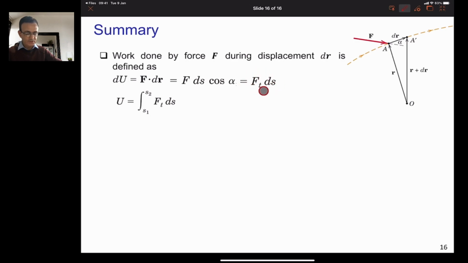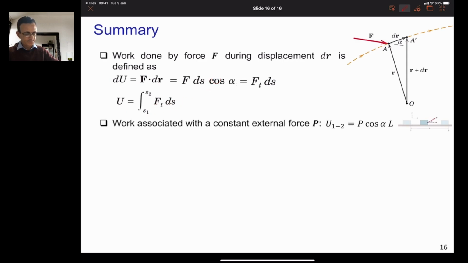So the tangential force is the force in the direction of the displacement. If you want to calculate the work from S1 to S2, you just need to integrate this equation, and to solve it you will need a relation between F and S. Okay, and then based on this equation, we derived a few equations for the work.